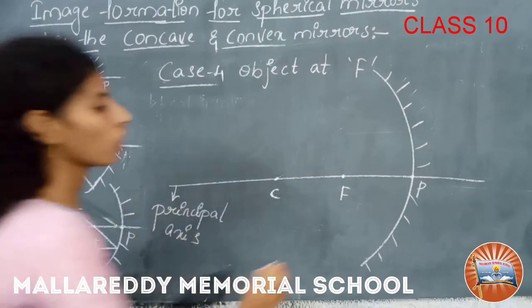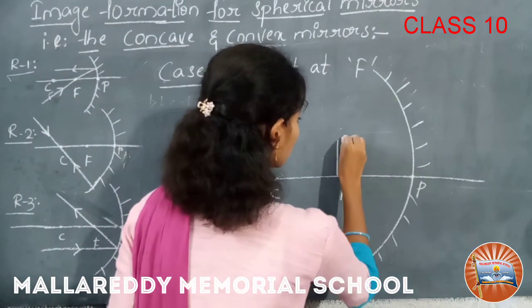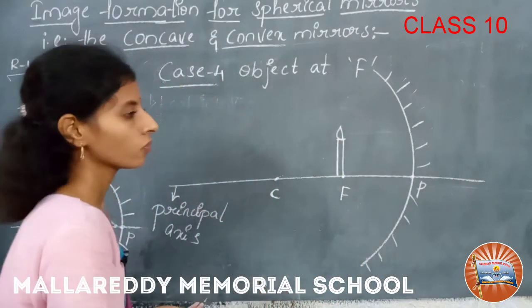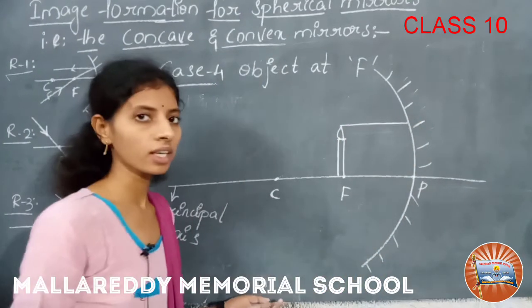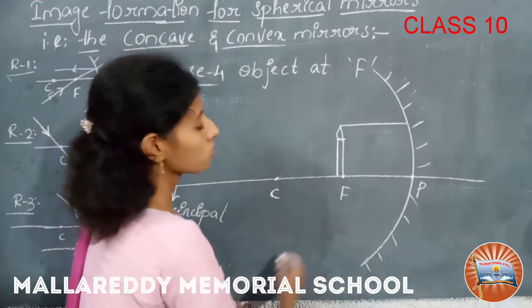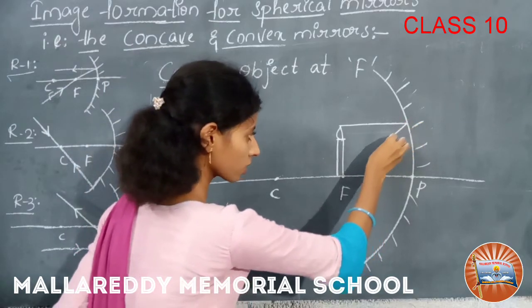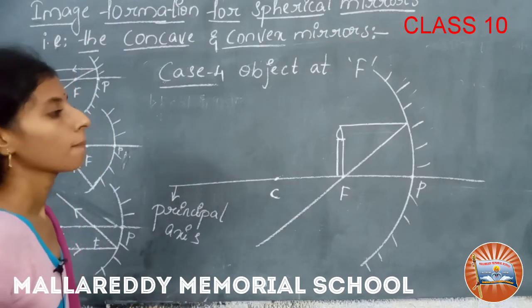Now the object is at principal focus, means at point F. When the ray is incident on the mirror, so what will happen? It passes through the principal focus, right?